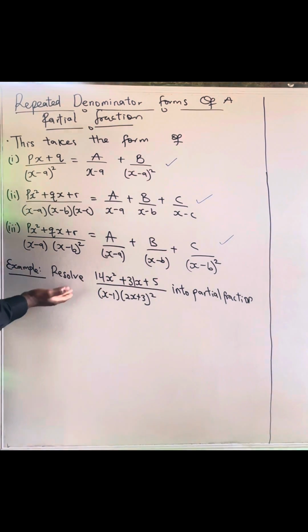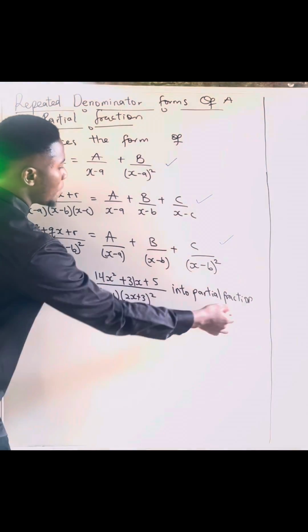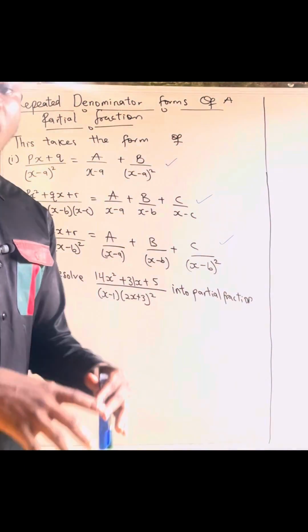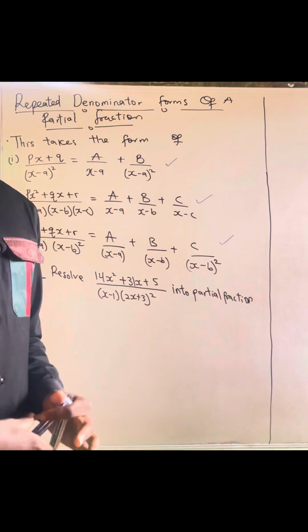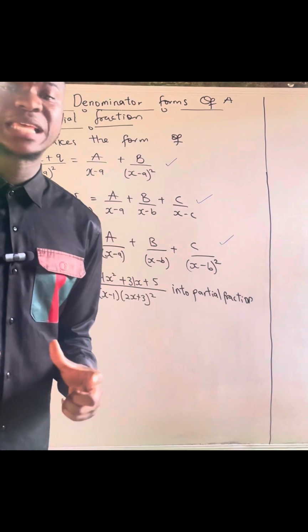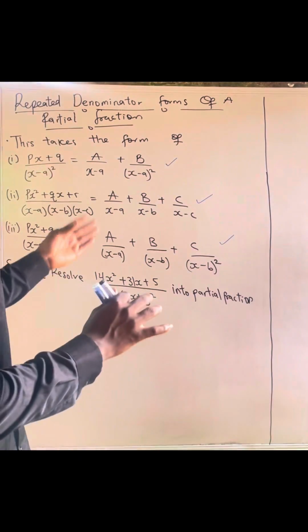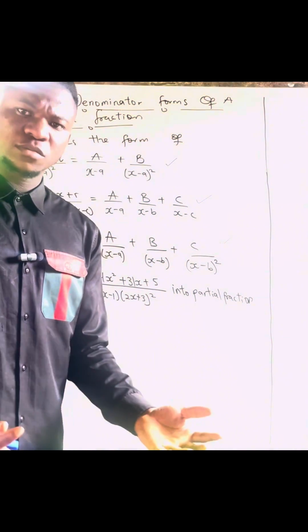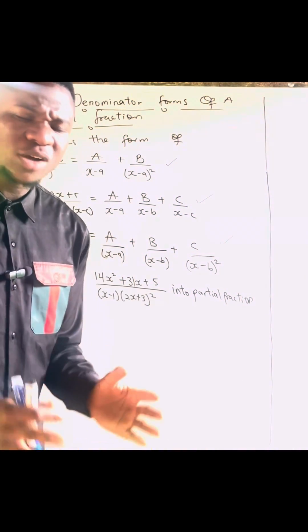Now let's look at this example. The question is to resolve this into partial fractions. Don't forget that I told you that you can use the normal method or the trig method in solving partial fractions. Whenever you want to use the normal long method, you have to determine the form in which the question is taken. Is it taking a linear denominator form? A denominator not simplified?